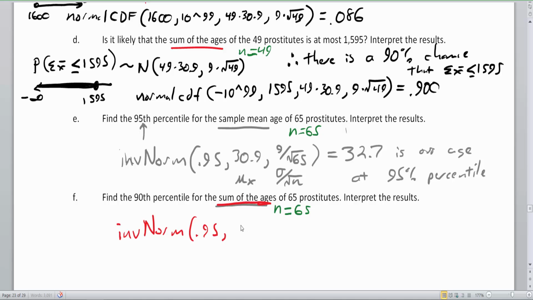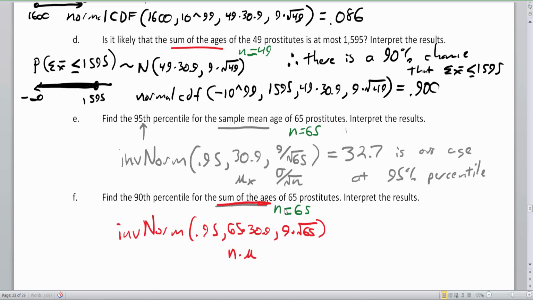But our average is not going to be just mu. It's going to be n times mu, because we not only want our average of 30.9, but we want 65 of them, because this is going to be the size of our group. And then instead of taking our 9 and dividing it by the square root of 65, we're going to multiply it by the square root of 65.